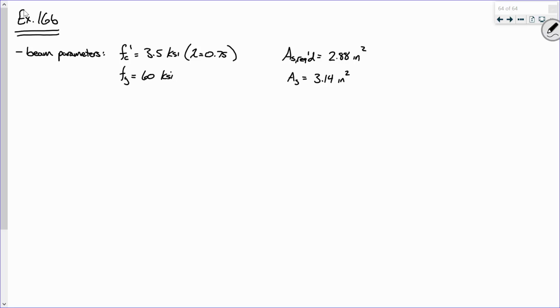All right, now, what's our bar diameter? 1 inch, because we're dealing with a number 8.